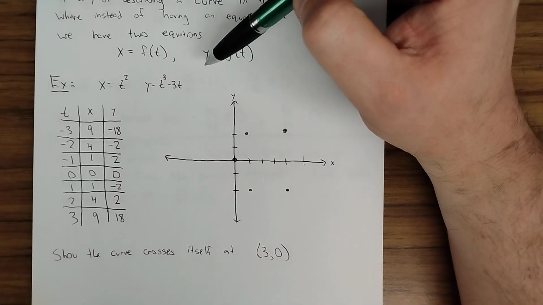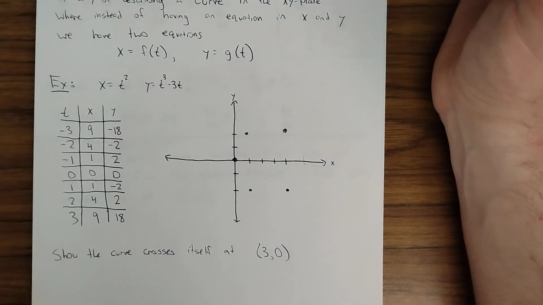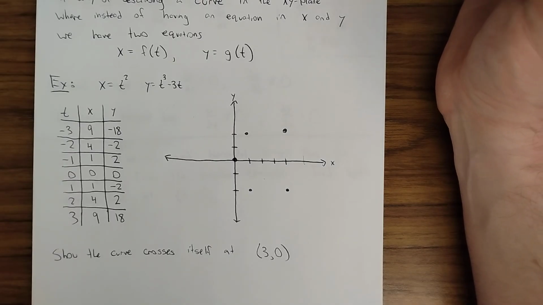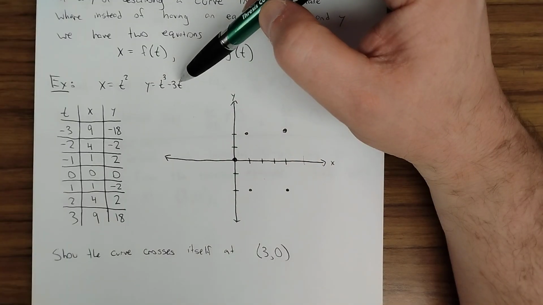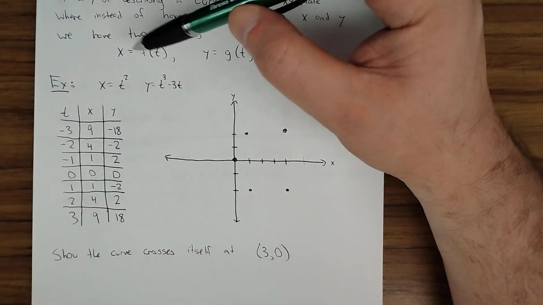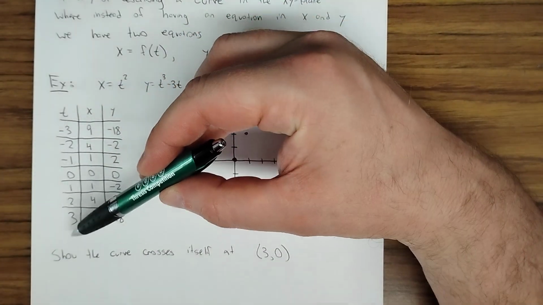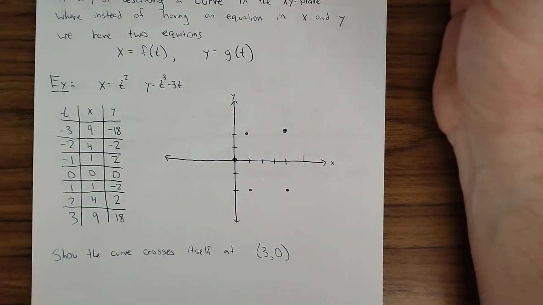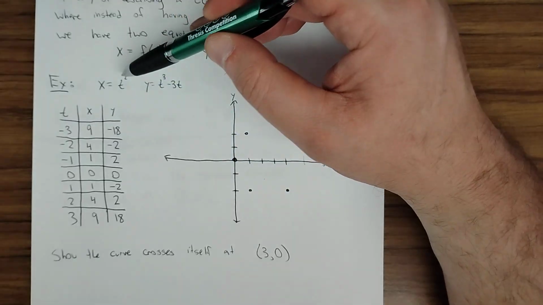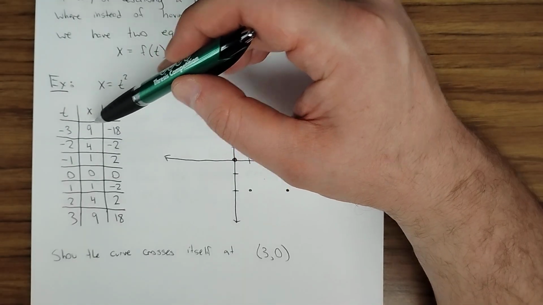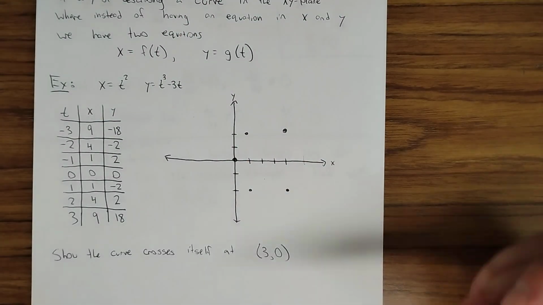So here's an example of how graphing works when you do this. I chose a particular function for x and a particular function for y, and plugged in some values of t. I chose some kind of obvious values, and for each value of t, I plugged it in here to figure out what x would be, and here to figure out what y would be.